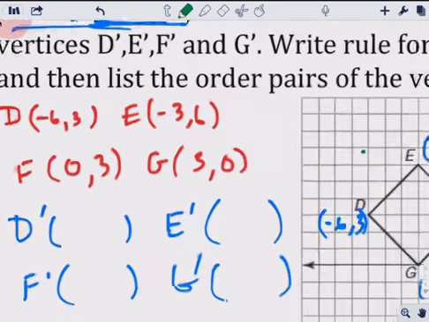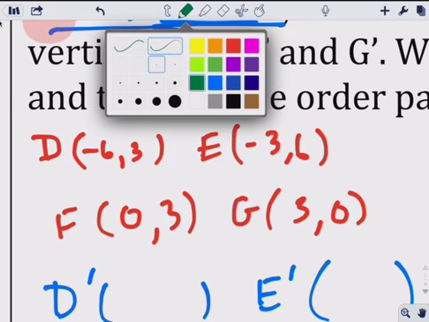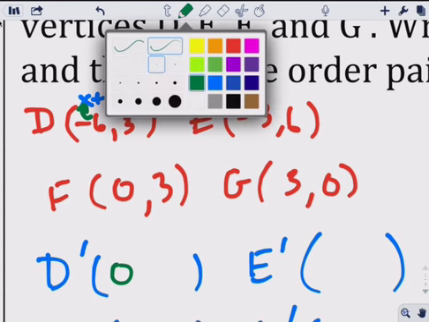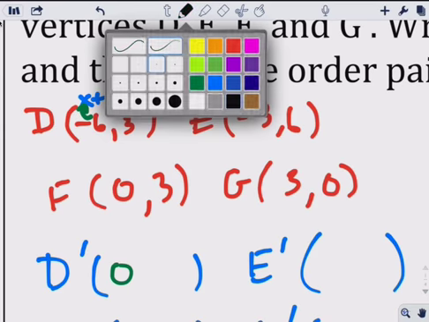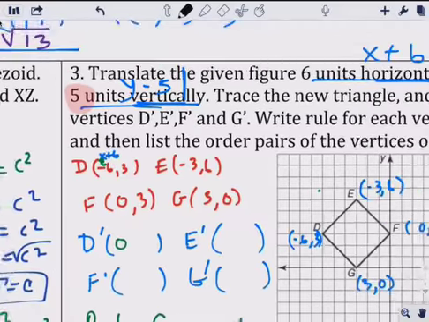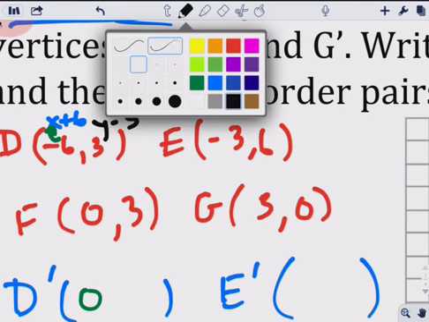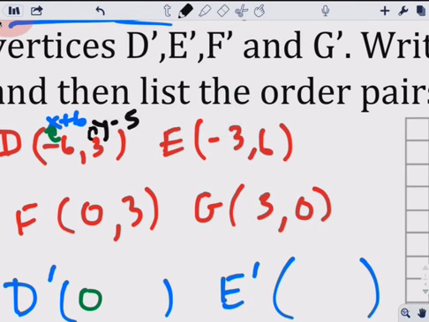Alright, so your x here, x plus 6, so negative 6. If I substitute in negative 6 here, plus the 6, I would get 0. And y is y minus 5 for each vertices. So I substitute in the 3 in there, minus 5, it's negative 2.